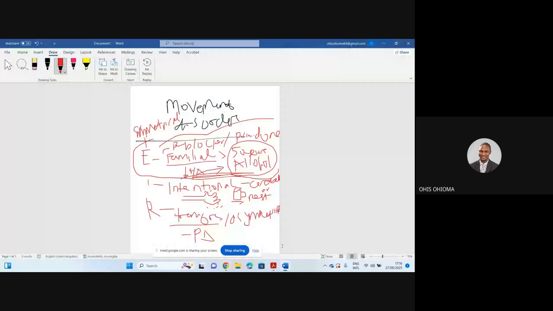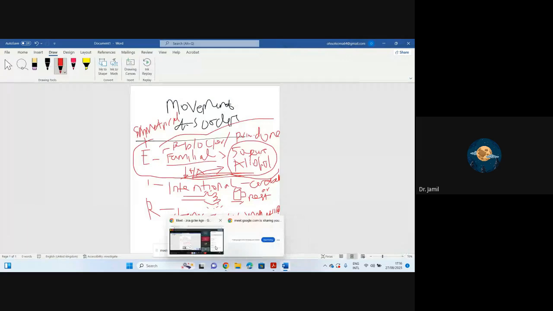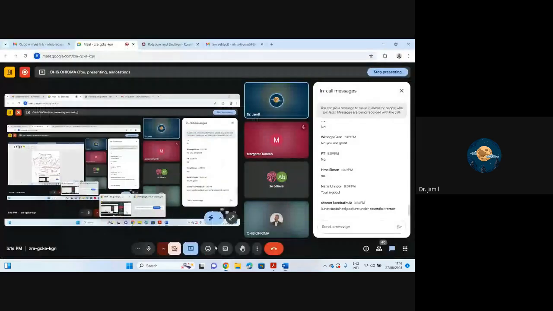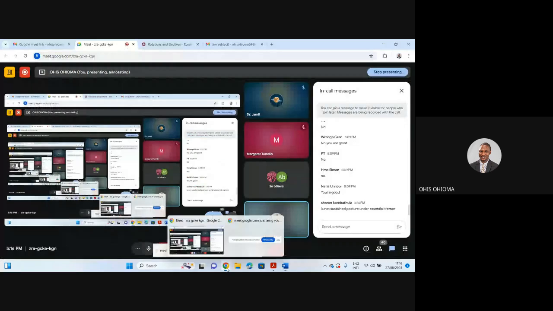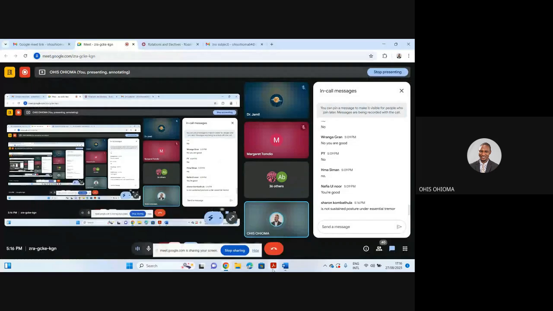I don't think you can control it basically. Yes, I think the trick, if you want to control that, don't take the object at once. At resting, it will be controlled. So basically, if you rest, you will not experience the tremor. So the way to control it is by resting the hand. Yeah, that's the way you can control it.